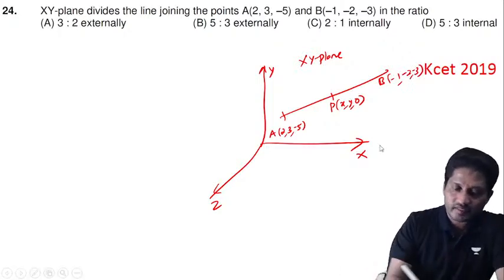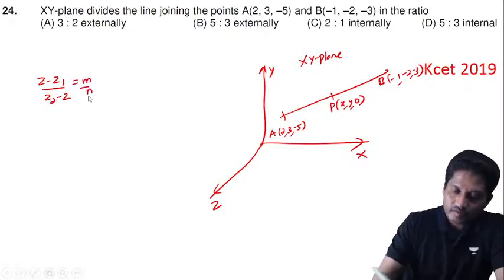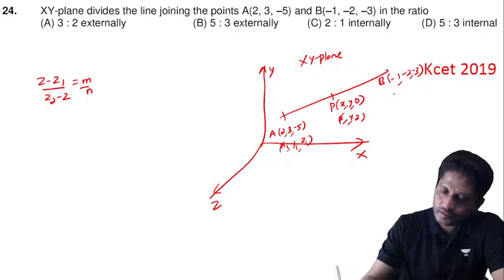See, the shortcut is z minus z1 divided by z2 minus z is equal to m by n. This point is x1 y1 z1, this point is x2 y2 and z2.